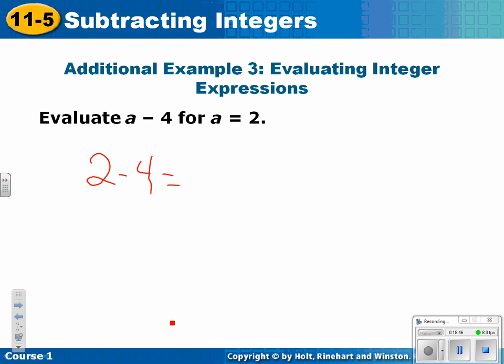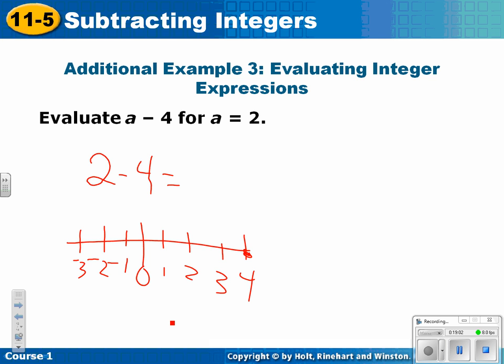Well, you can. It's just you end up negative. So if you had your number line, you put your finger on 2, and you take away 4. So it means you move to the left. 1, 2, 3, 4. Your answer is -2. All right?